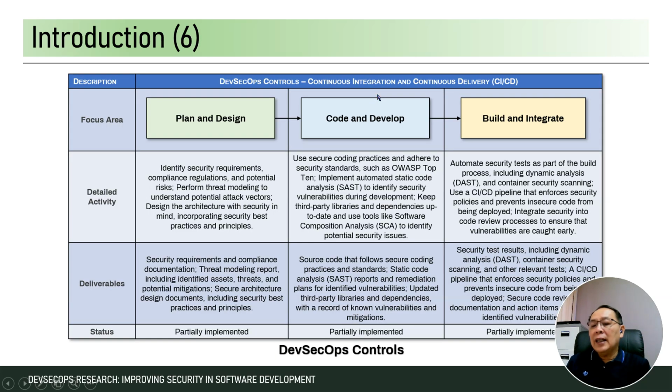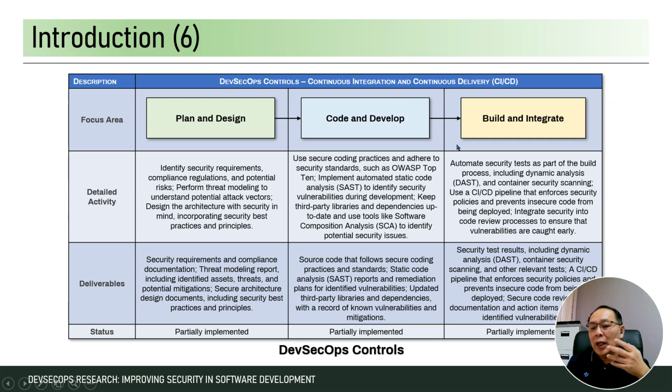Then this is just an example of DevSecOps control, starting from plan, design, code, develop, build, and integrate. We have the DevSecOps control, which includes continuous integration and continuous delivery.